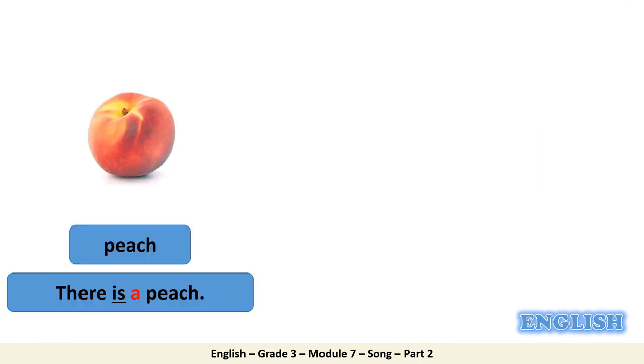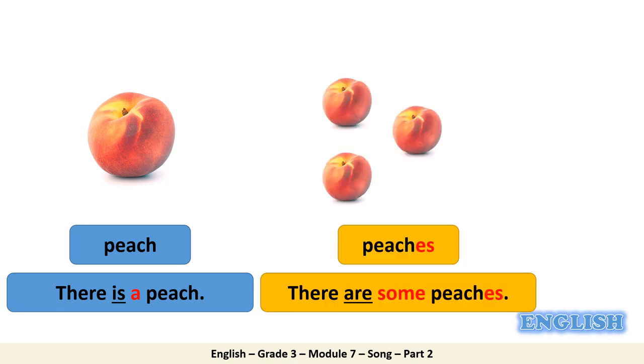Let's learn the second spelling rule by reading these sentences. There is a peach. There are some peaches. This time we added ES. Not only S, we added ES.